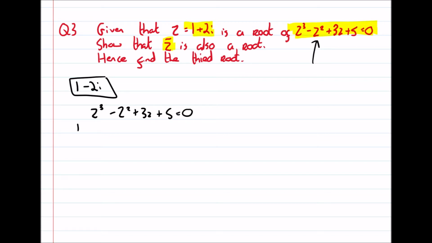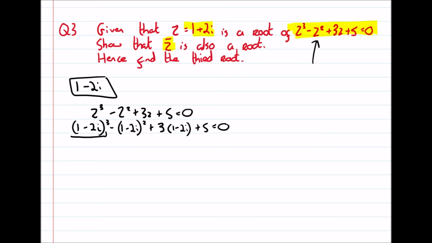The first one: (1 plus 2i) cubed minus (1 plus 2i) squared plus 3(1 plus 2i) plus 5 equals 0. Sorry, this is minus 2i. Minus 2i.